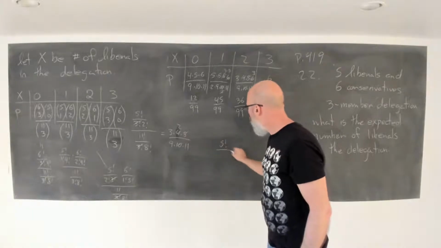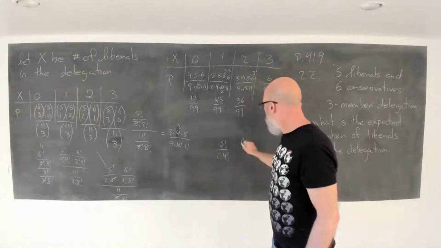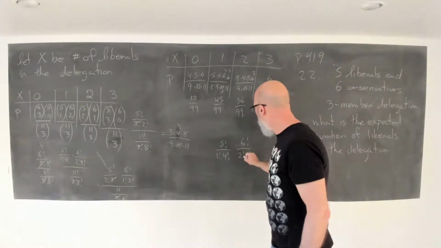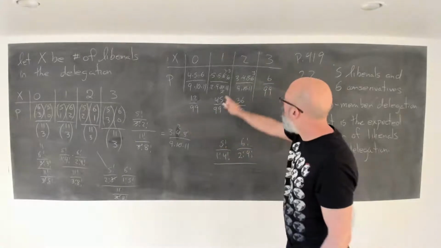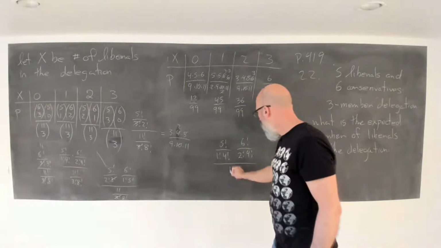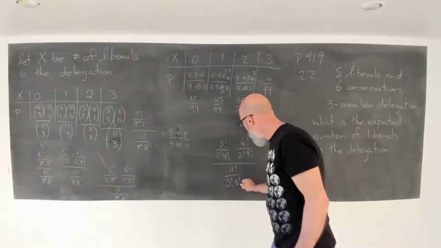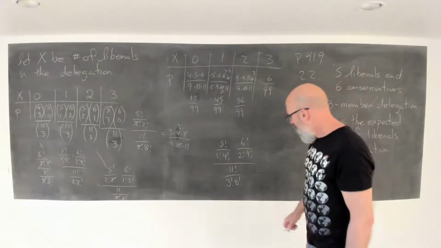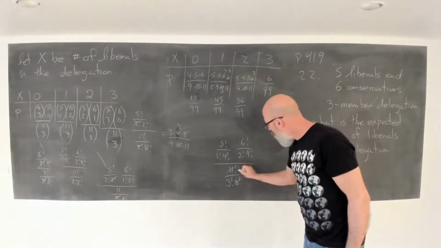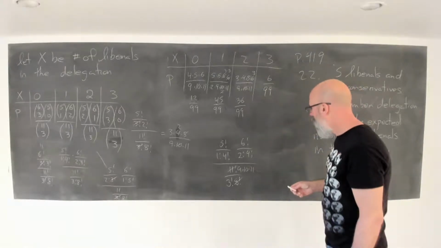We had 5 factorial over 1 factorial, 4 factorial, 6 factorial over 2 factorial, 4 factorial. I'm just redoing the second one. Over 11 factorial, 3 factorial, 8 factorial. So this and that cancels if you do 9 times 10 times 11. We'll flip it.